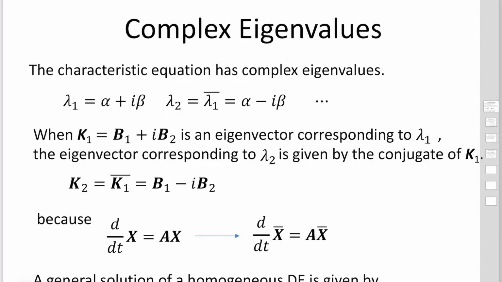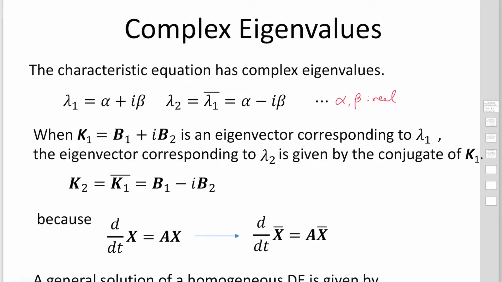Always, lambda sub 1 and lambda sub 2 appear as complex conjugates. Lambda sub 1 is expressed as alpha plus i beta, where alpha and beta are real numbers, and lambda sub 2 is expressed as alpha minus i beta.